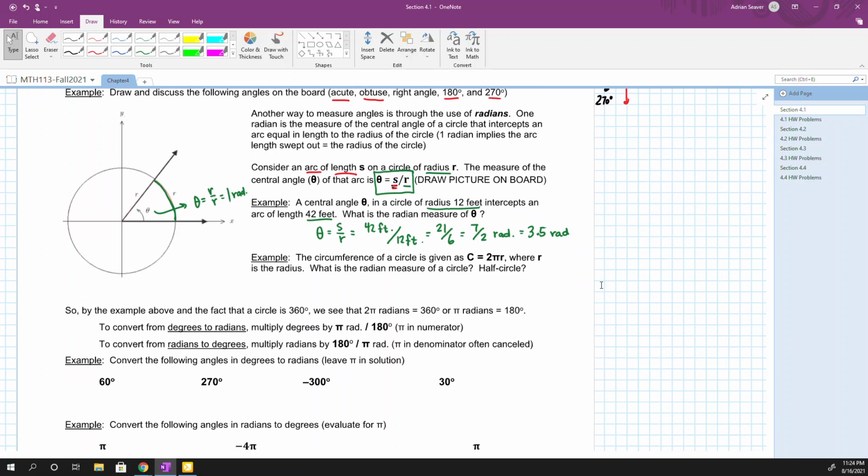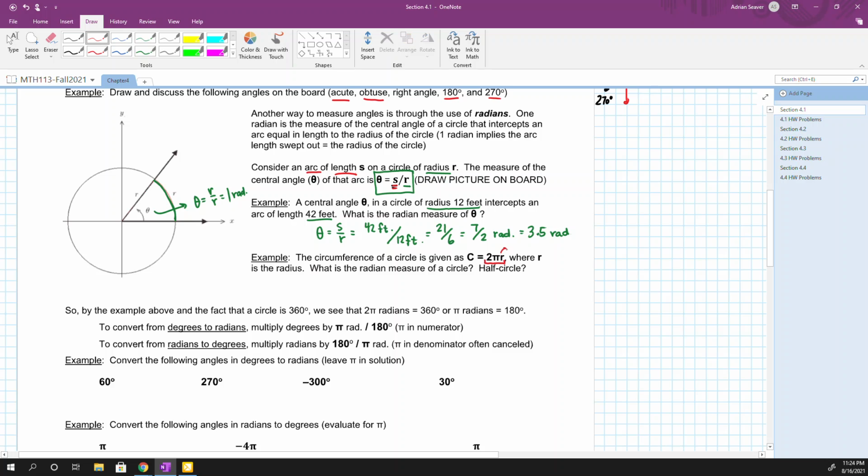So the circumference of a circle, though, you might have heard of this. If you look it up, you can Google it, is given as C equals 2 pi r, where r is the radius. Now circumference, remember, is really kind of the same thing as arc length. So what is the radian measure of a complete circle? Well, my arc length of a complete circle is 2 pi r.